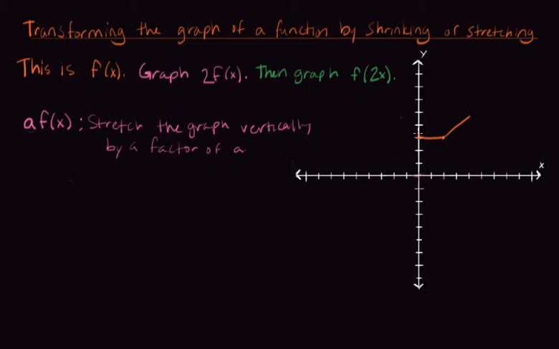So for example, this point is (0, 3). So the vertical aspect of that gets stretched by 2 by doubling it, so it becomes (0, 6). This point is (2, 3). So the vertical aspect becomes (2, 6).